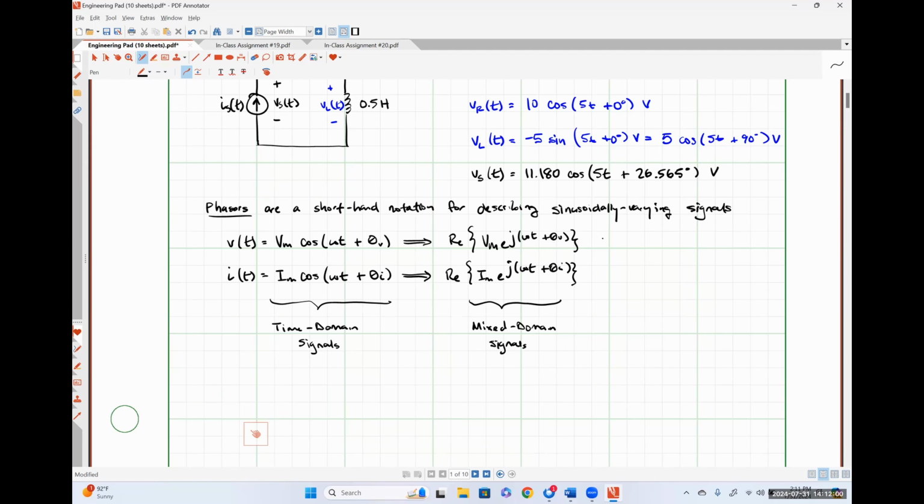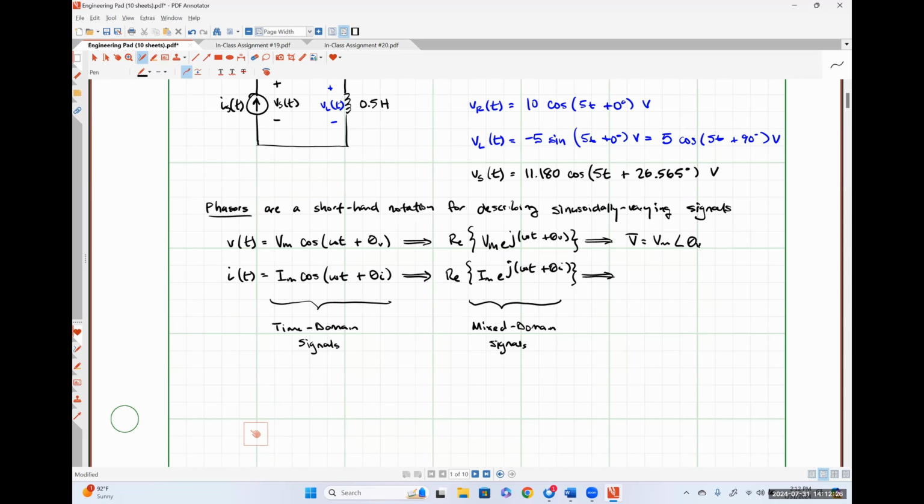To get to the frequency domain where phasors live, we simply write our mixed domain signal as a polar form complex number, meaning that we keep the magnitude, keep the phase angle, and throw everything else away.